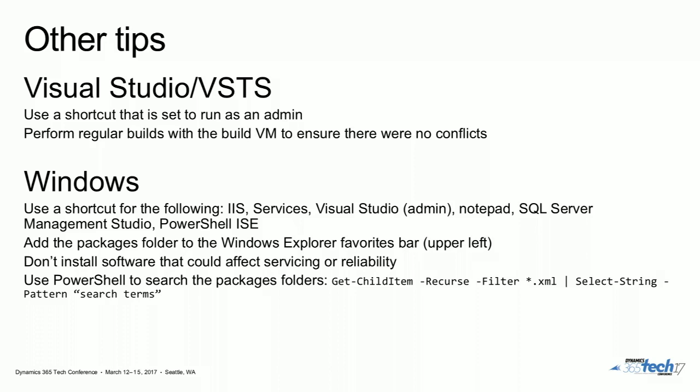And since things only get to main with a person doing it, you can start a manual build on the build machine for main. But the more developers you have, it's a good idea to have a scheduled build on dev, have it build every night to make sure that two developers didn't check in and have a conflict with each other and break it so it won't build. You can do that with one build machine. Just have a build definition for dev and a build definition for main.